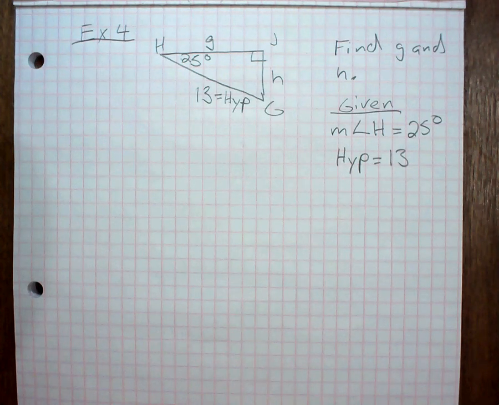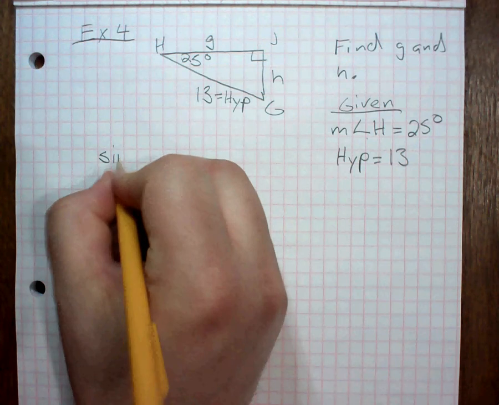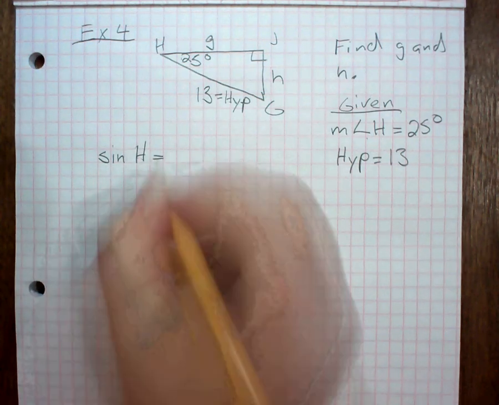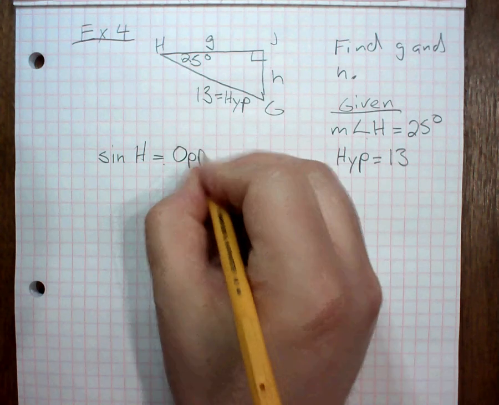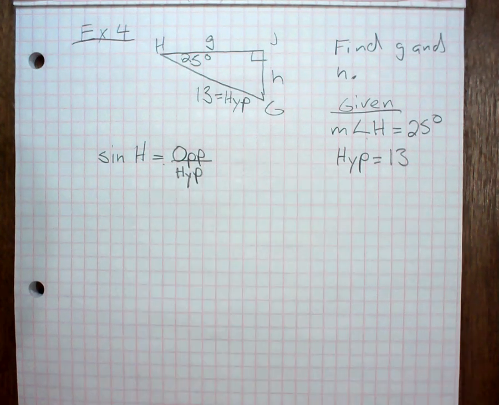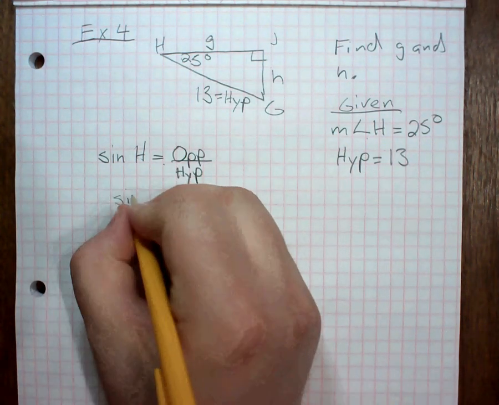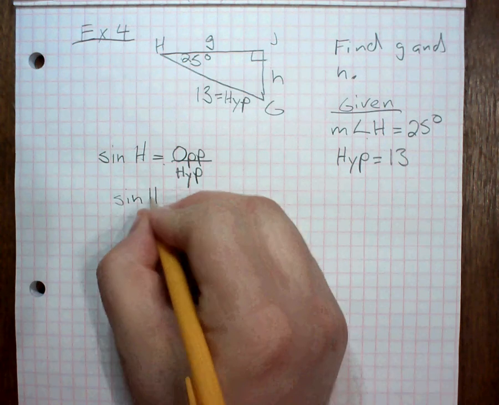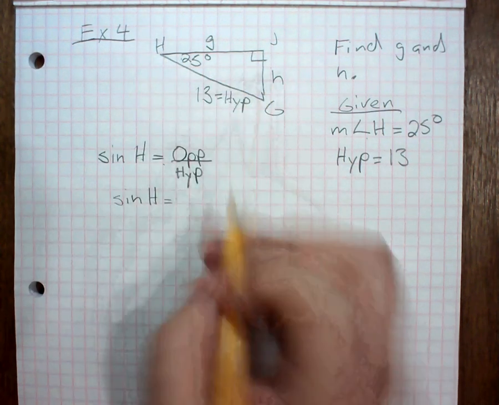And so what I'm going to do is start with H. So I'm going to say sine of capital H is equal to the opposite over the hypotenuse. So what's opposite of capital H?